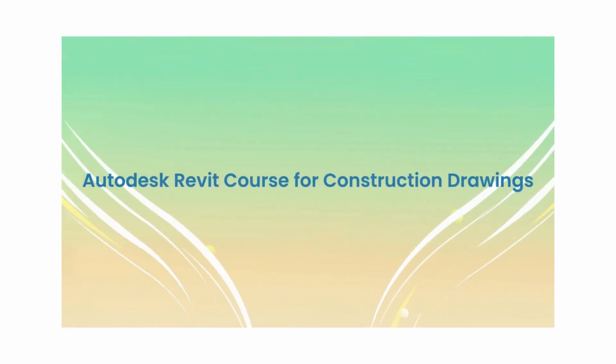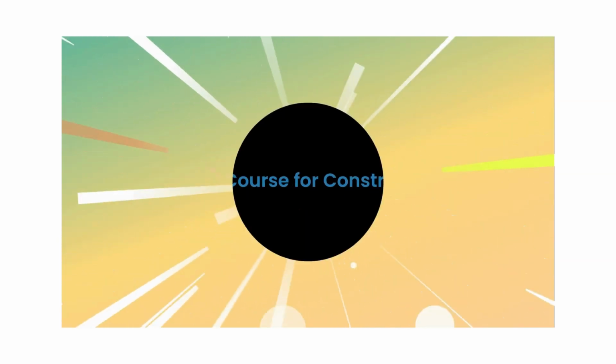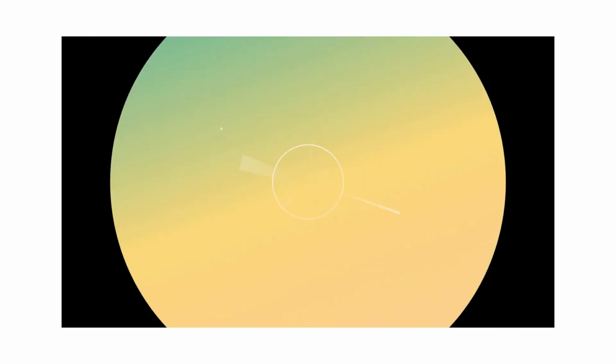Welcome to our space. Today, on the Autodesk Revit course for construction drawings, you're going to learn how to add a new level to a three-person, two-bedroom, two-story detached house and produce its ground floor plan.